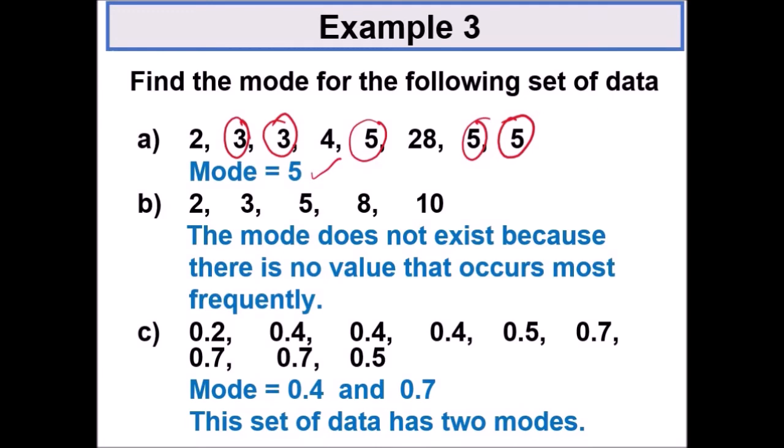Question B: 2, 3, 5, 8 and 10. For this question, the mode does not exist because all these terms have appeared only once. Question C: 0.4 has appeared 3 times and 0.7 has also appeared 3 times. So for this question, we have two modes, 0.4 and 0.7, because these two numbers appear most frequently.